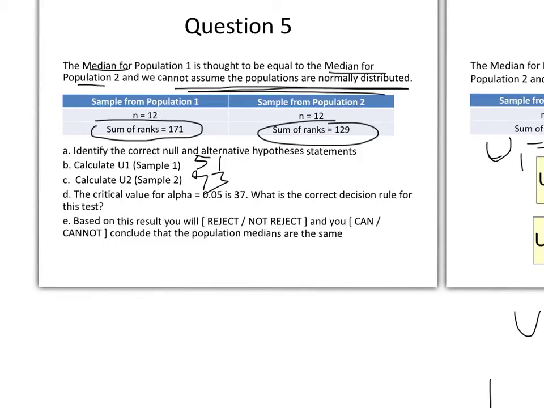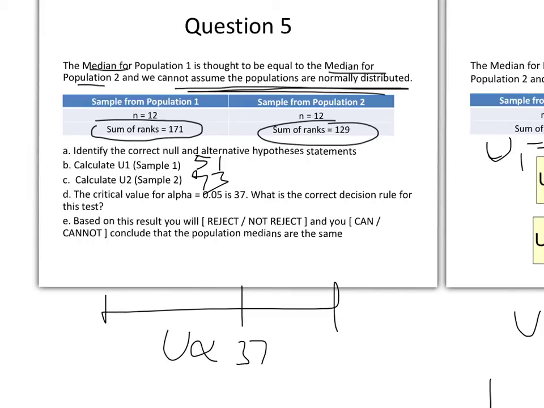Okay, so the critical value for alpha of 0.05 is 37. In this case, we've got a little bit of a different situation than our typical hypothesis test. Our critical value, the U of alpha, would be 37.